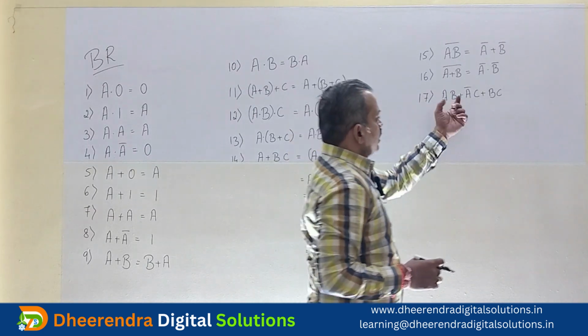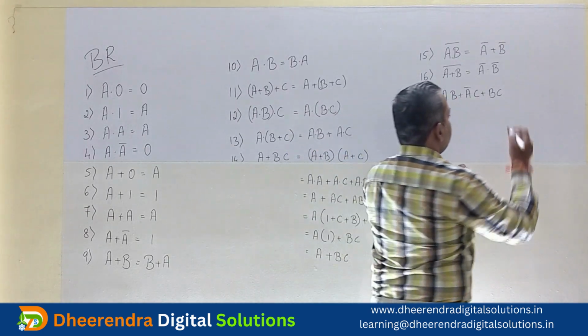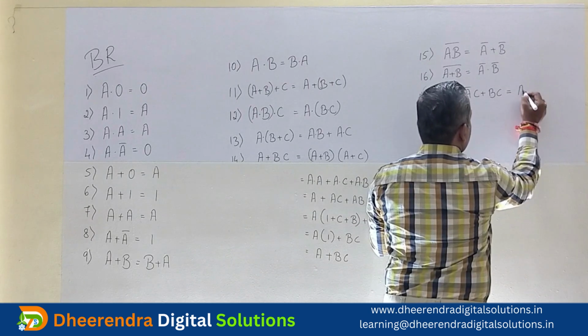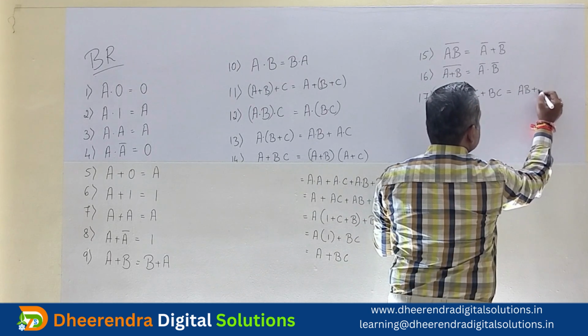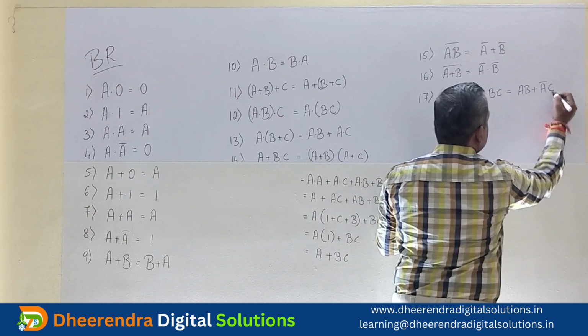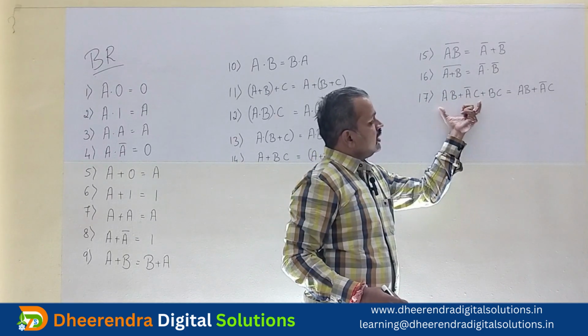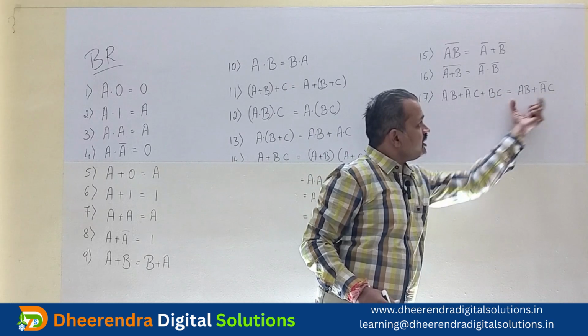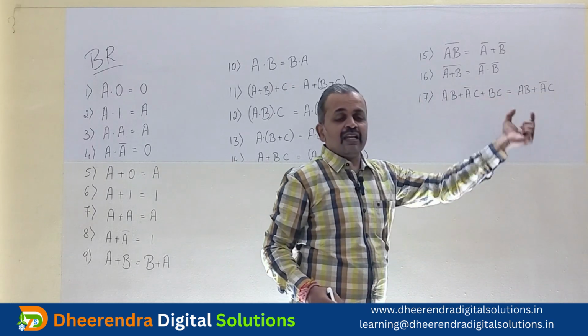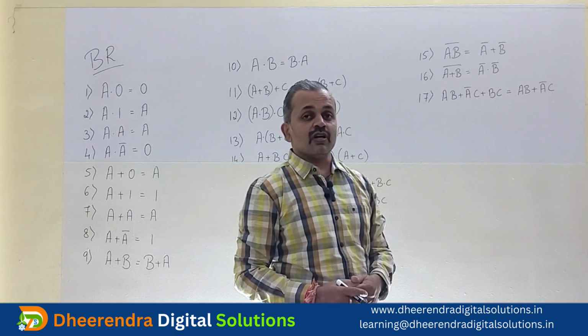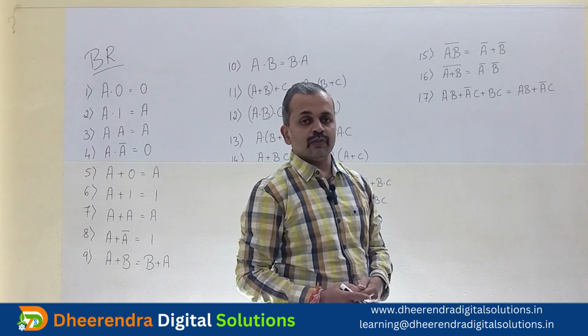Now this entire thing will be equal to AB plus A bar C. Now you would say you have this term which is the part of the result, but then the third term is being eliminated. This is what is called as the Shannon's theorem.